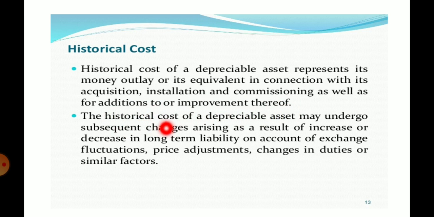The historical cost of a depreciable asset may undergo subsequent change arising as a result of increase or decrease in the long-term liability on account of exchange fluctuation, price adjustment, change in duties or similar factors.